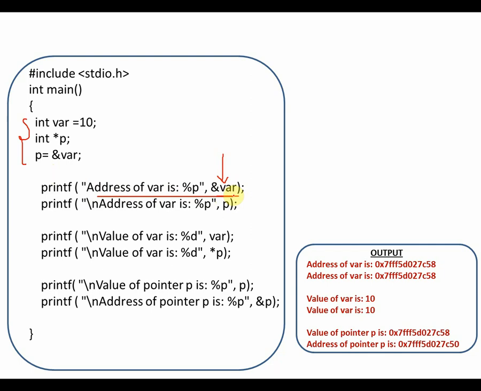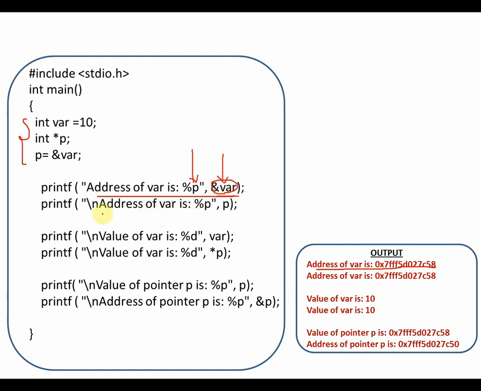Why will the address get printed? Because the ampersand operator is used, hence the address will get printed. So as you see over here, in the first line, the address is printed. Now very important is to put the %p format specifier, because it is an address.